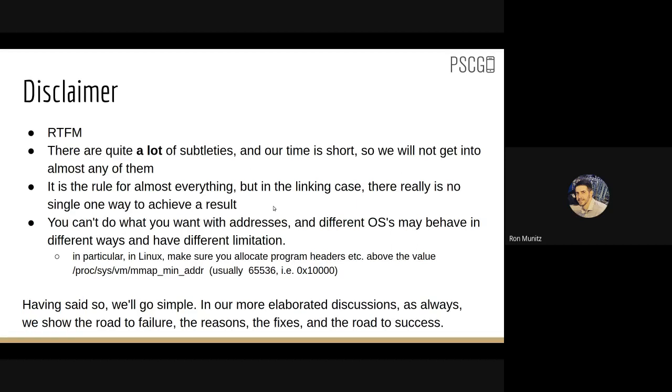For example, in Linux, let's say that you want to make a memory mapping, then you will see that unless you specify in the linker script what your required mapping is, then everything will start not at 10,000, but at 200,000. Why?